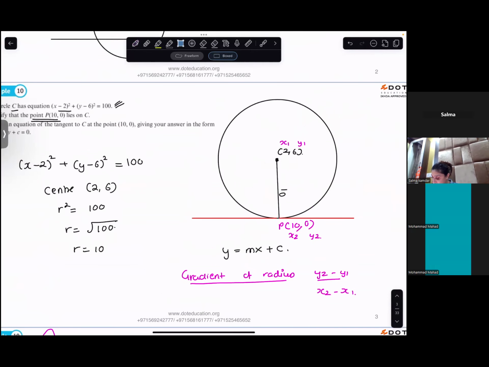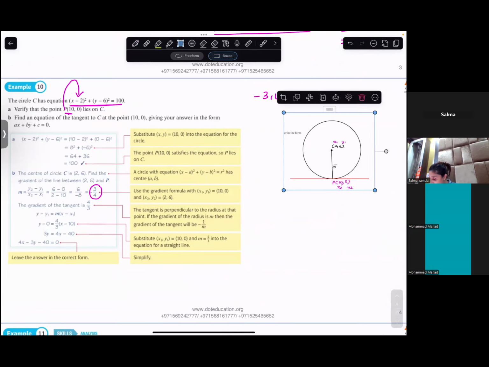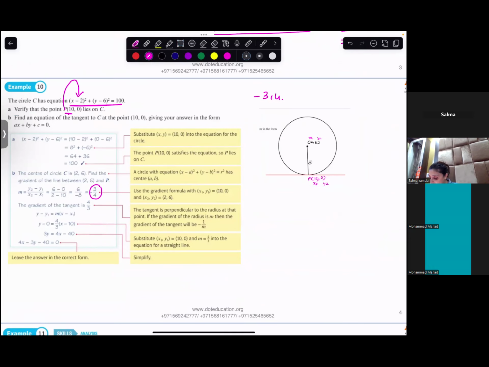Now I got my gradient of the radius, right? So what will be the gradient of the tangent?